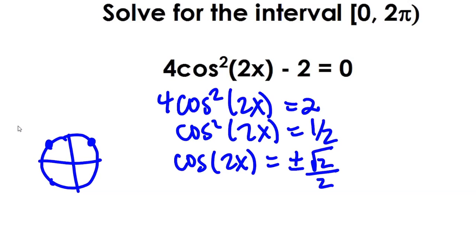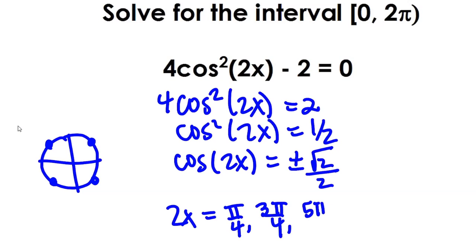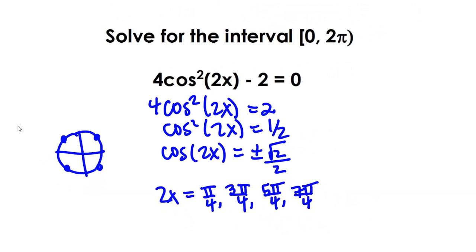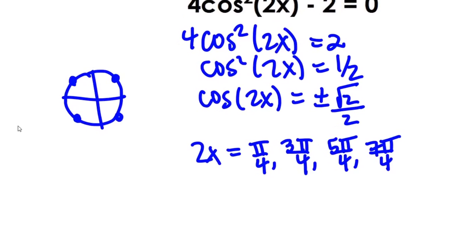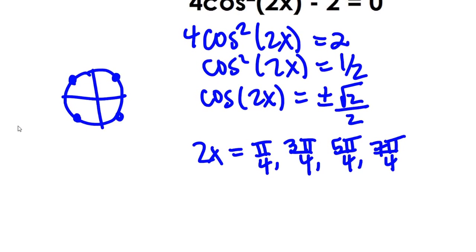Here, here, here, here. So I set 2x equal to pi over 4, 3 pi over 4, 5 pi over 4, and 7 pi over 4. All 4 values that have a denominator of 4. Then we need to add 1 for each.